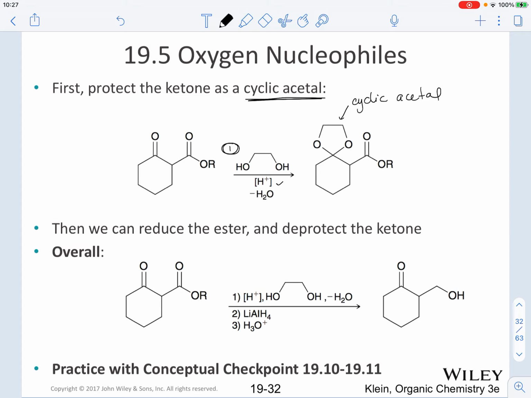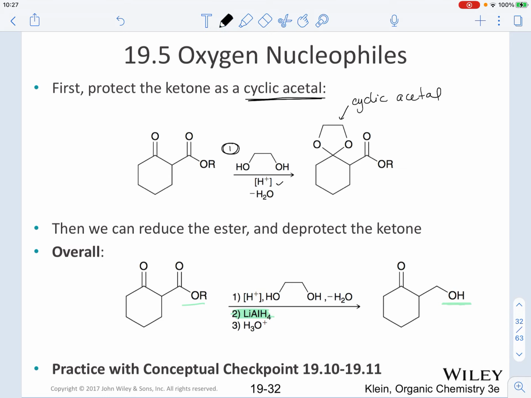Now, in the second step of the reaction, as you can see here that I highlighted in green, we can add the lithium aluminum hydride, which is going to selectively reduce your ester to an alcohol. The third step of the reaction is just for the protonation of the alcohol.